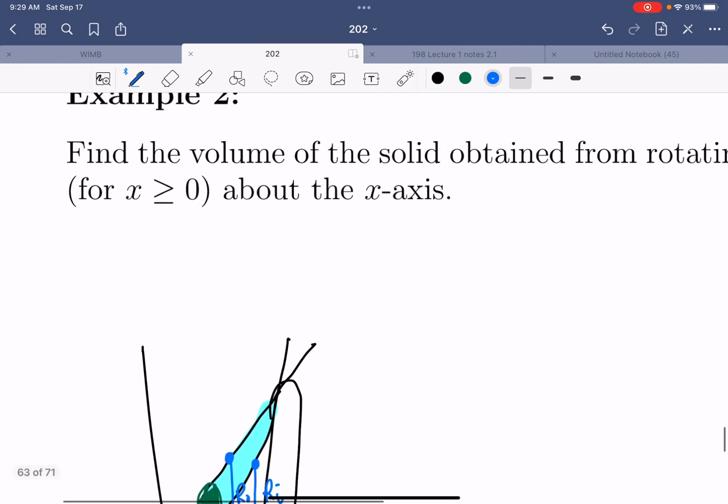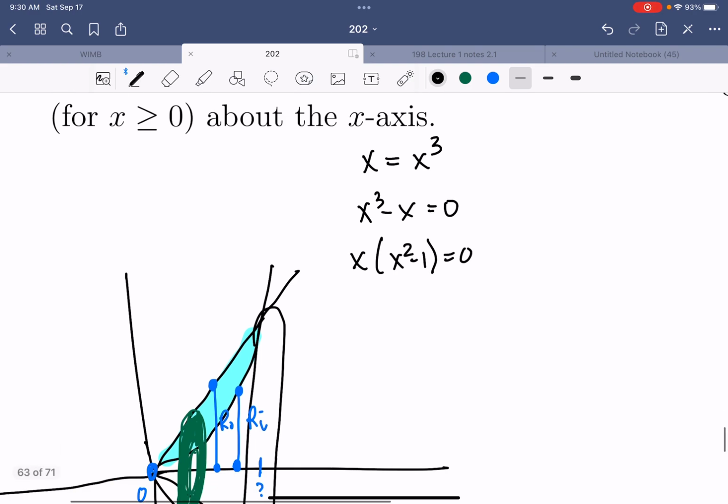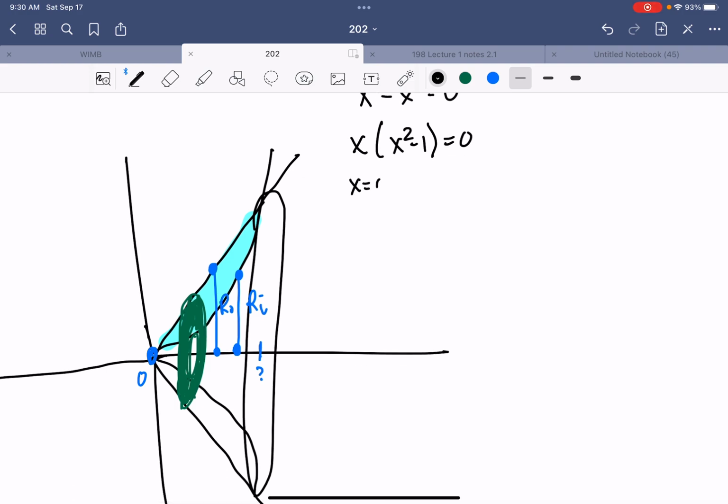And we find that by setting our functions equal to each other. So we're going to take our line y equals x and set it equal to our x cubed. Subtract our x over. And we get x equals 0, which we knew. This one then gets factored as x minus 1, x plus 1.